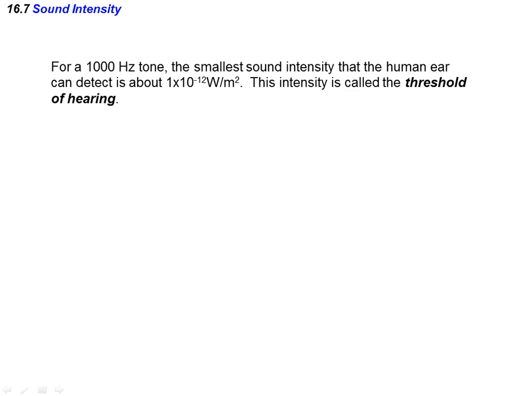That's a tiny little bit of energy every second coming through every square meter of surface. This intensity is called the threshold of hearing. Anything below this, any power less than this, we can't detect. Our eardrums won't respond to it, and it won't create enough of a disturbance inside of our ear to create the electrical impulse in our auditory nerve.